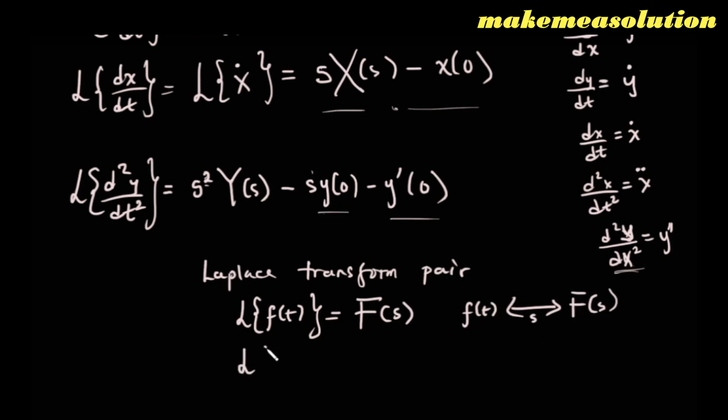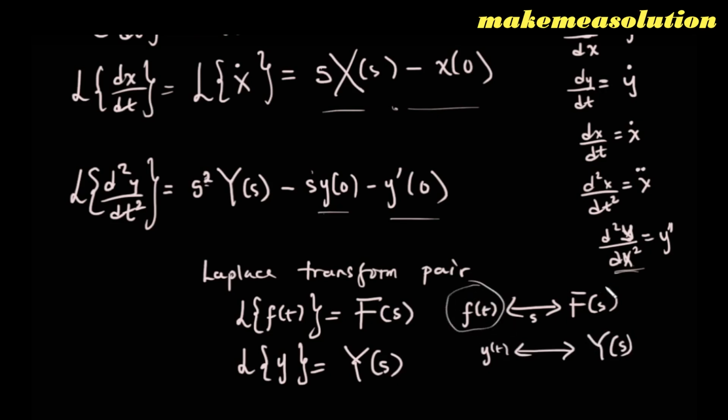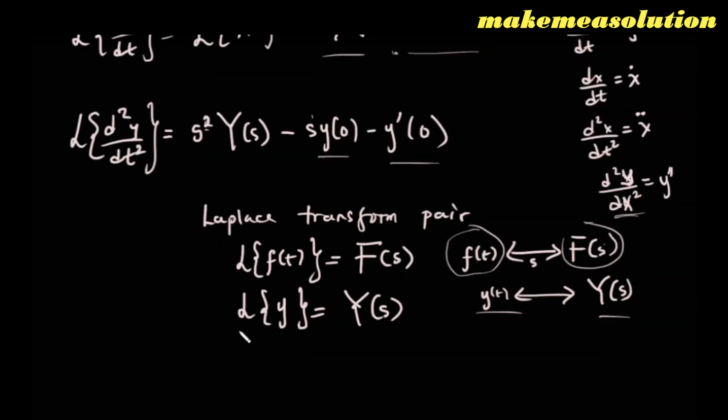The same thing happens here. The Laplace transform of small letter y of t will give you capital letter Y of s, so y of t is a Laplace transform pair with capital letter Y of s. It means that when you take the Laplace transform of f of t, you get F of s, and when you take the inverse Laplace transform of F of s, you get back f of t. The same thing applies here.